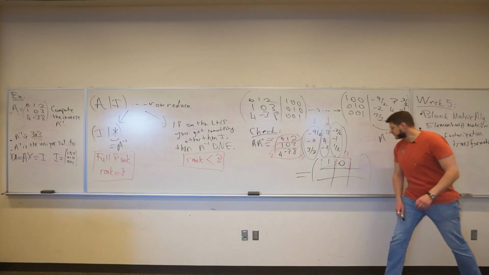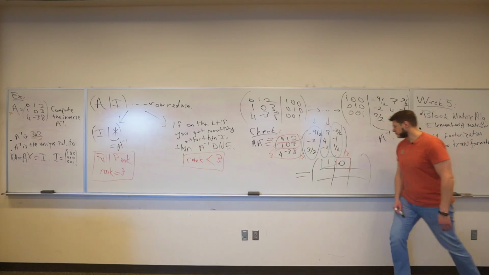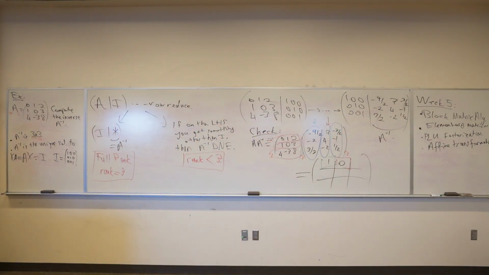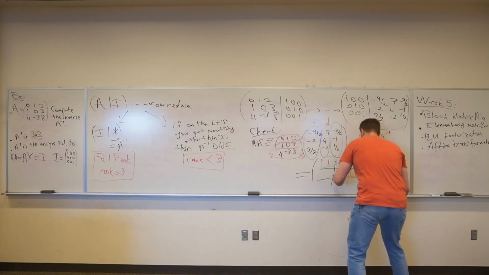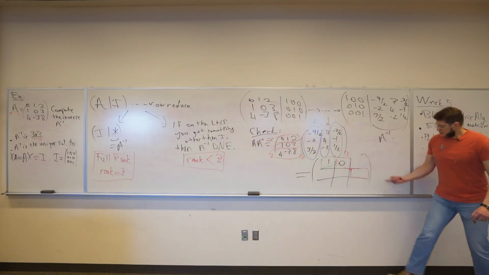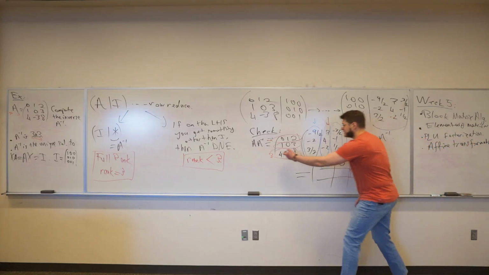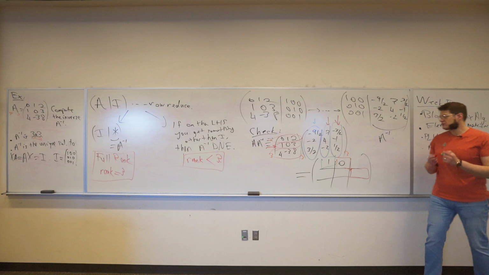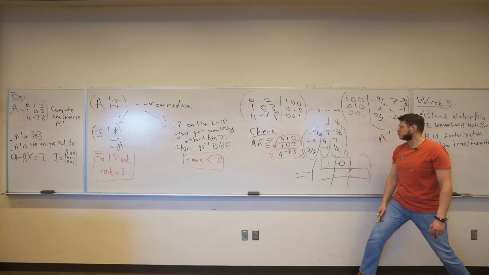So again, let's do one more perhaps. I'm not going to do all of them. If I wanted to compute this entry over here, second row, third column, I need to take the second row and the third column. Okay? This by this is minus 3 over 2.